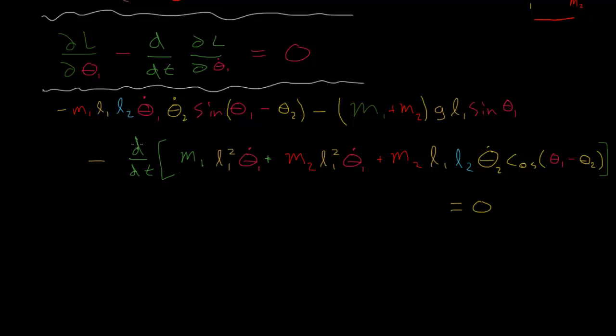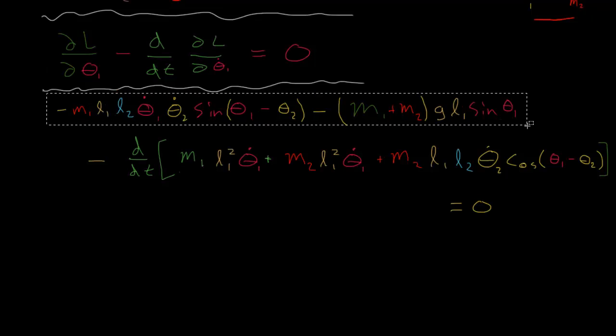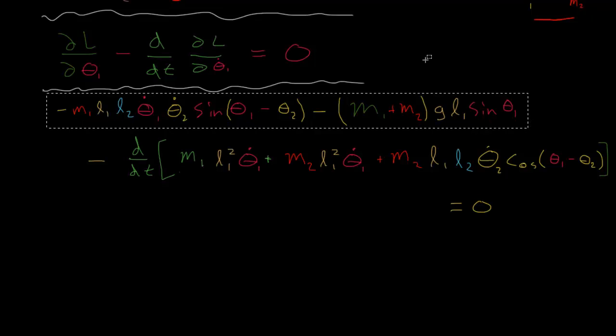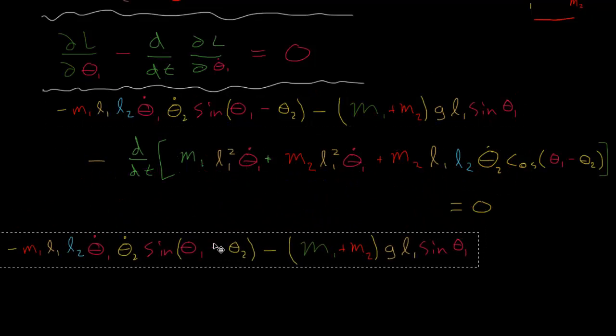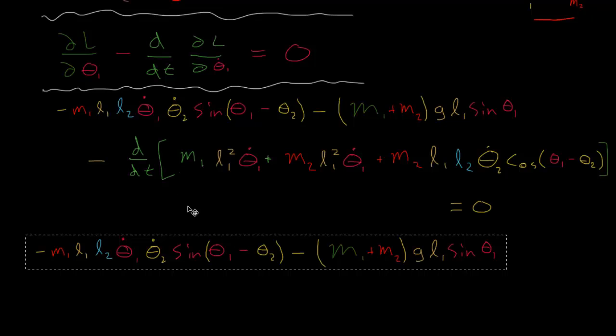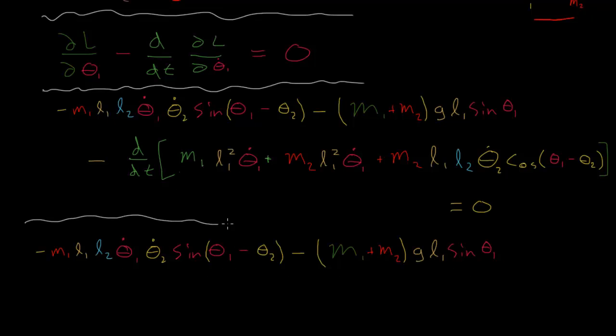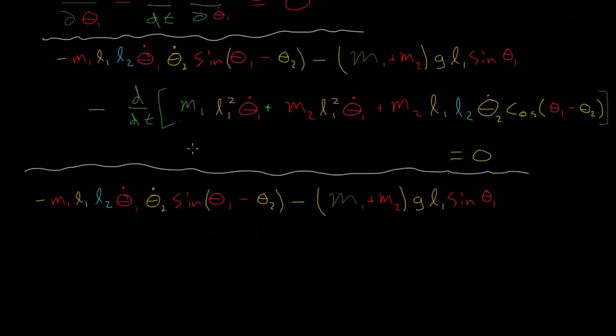Alright, now we have to take the time derivative of this, so we'll rewrite it. I'll copy and paste the top part since we're done with that. Copy and paste this. Copy and paste this. And now let's take the derivatives here with respect to time. For these two terms, nothing that strange happens, right?